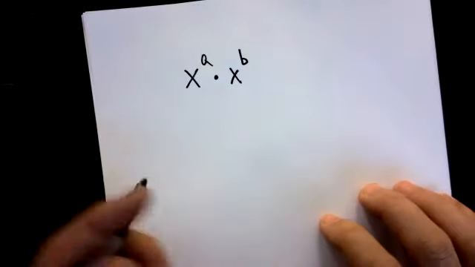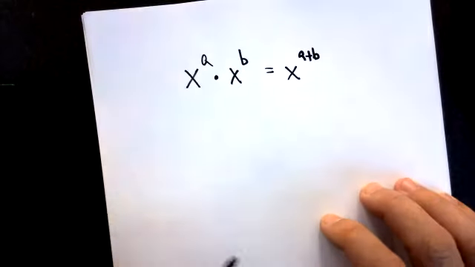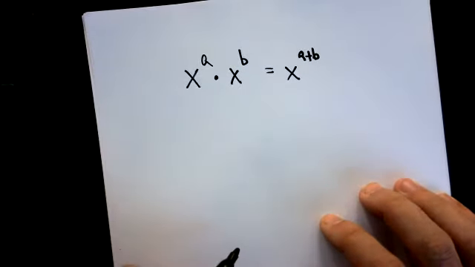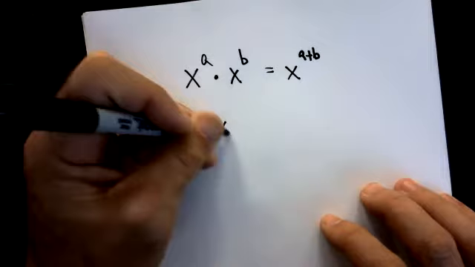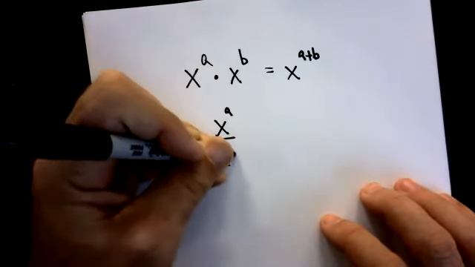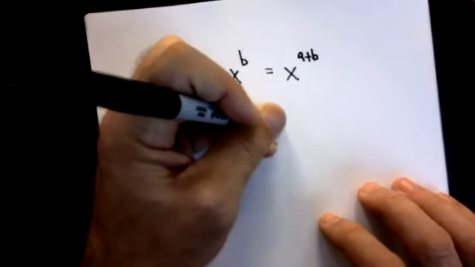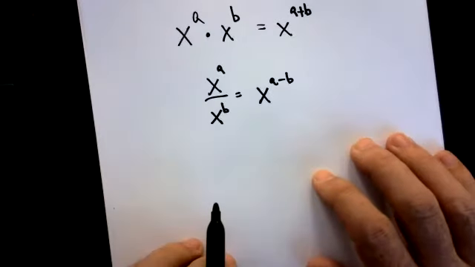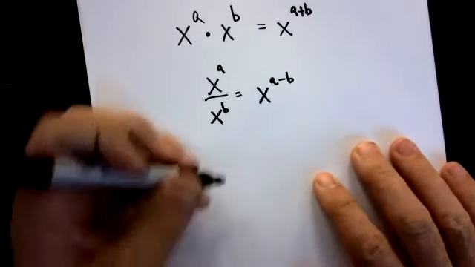Just real quick as a refresh, your properties of exponents are: if you're multiplying exponents of the same base, that shortcut is to add those exponents together. If we're dividing, that shortcut is to subtract those exponents.